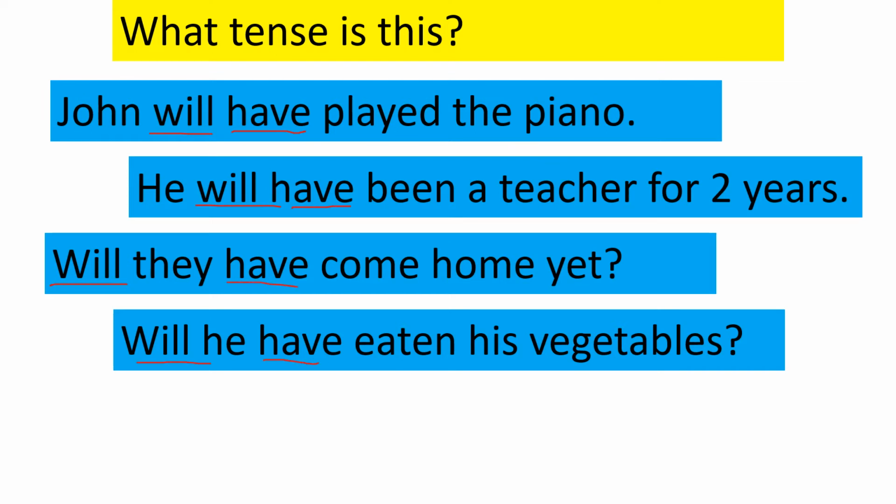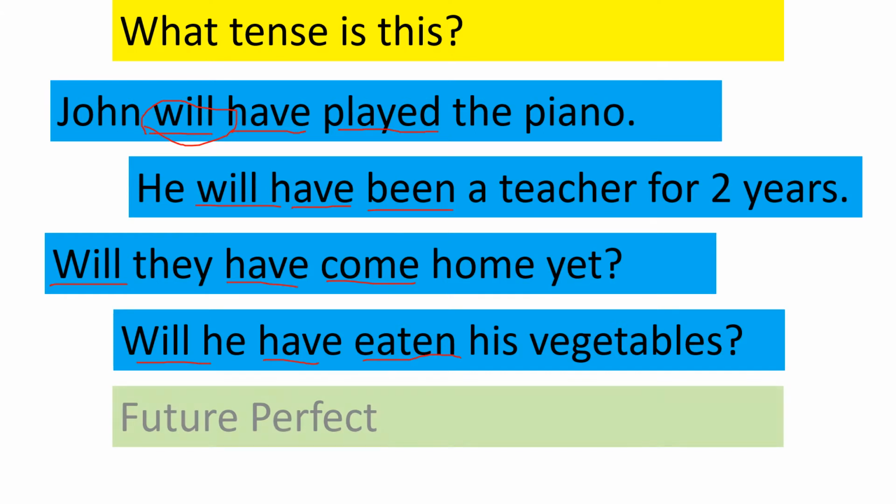Now immediately when you see the word will, you know it has to be a future tense. But there's a past participle verb here in played and eaten and come and been. So will have played.